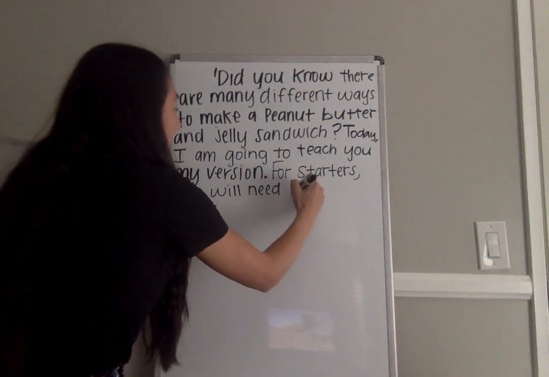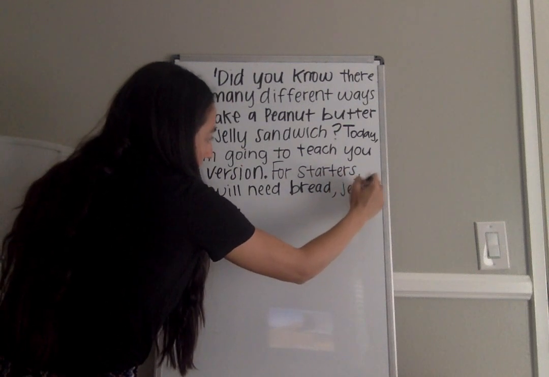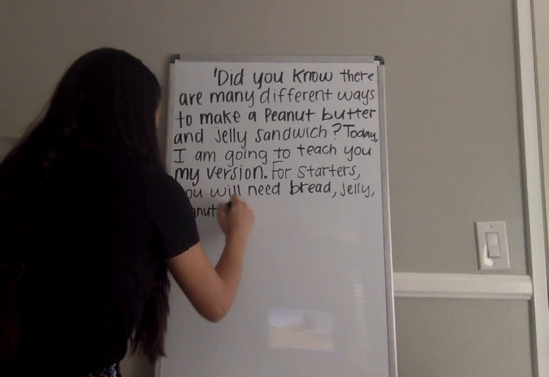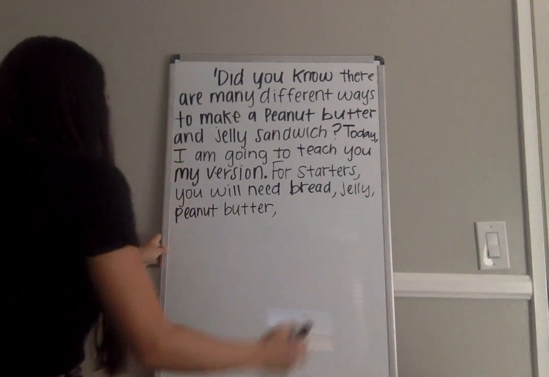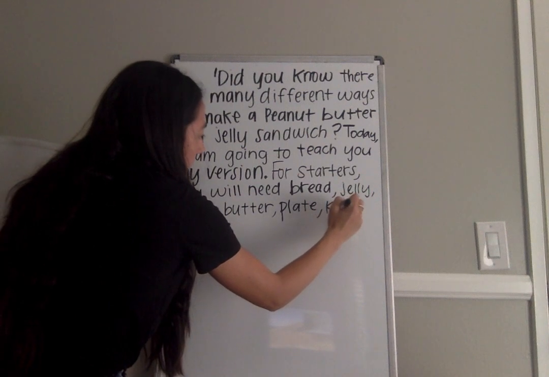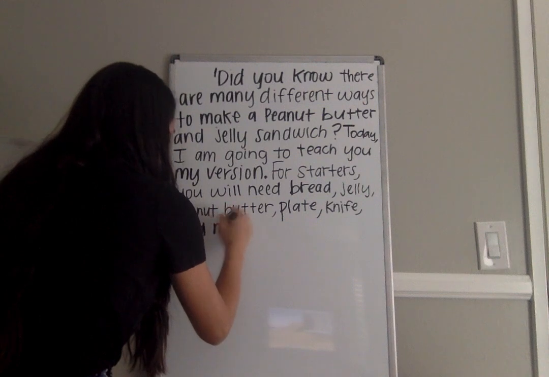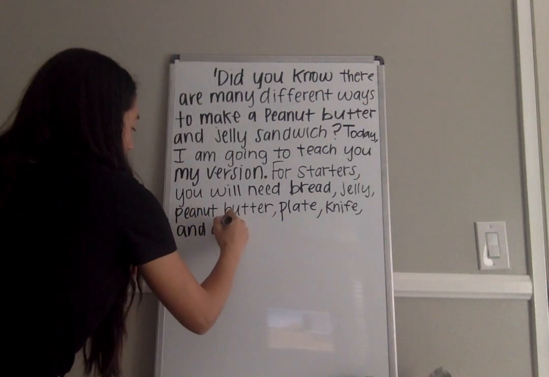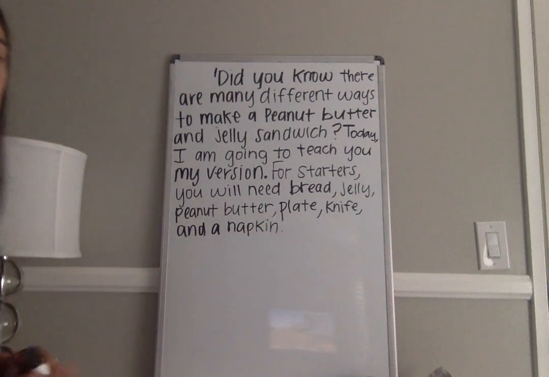So you will need bread, jelly, peanut butter, plate and knife, and a napkin or paper towel. I need to say and a napkin. And that's how we're going to start it off.